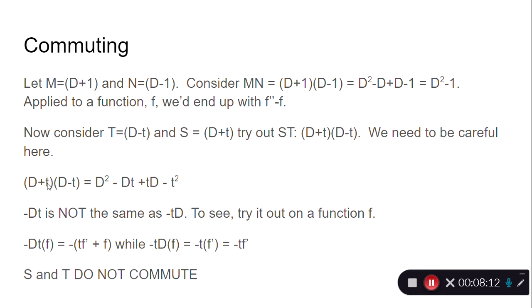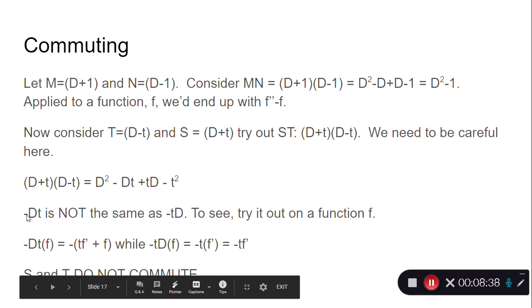Then plus t times D, and then plus t times minus t. So minus Dt is not the same as minus tD. Why not? Well, these are all transformations, so let's try it out.